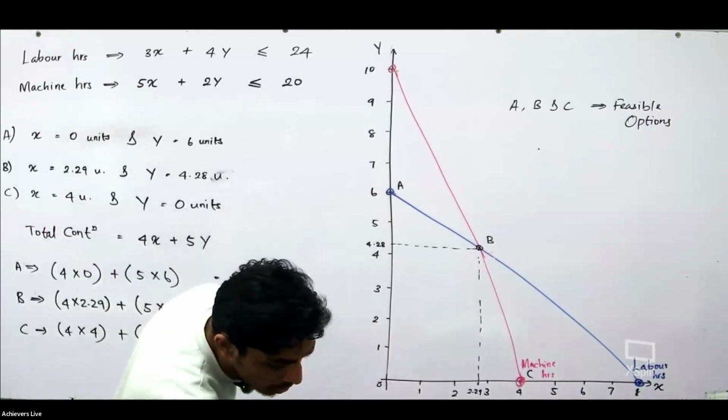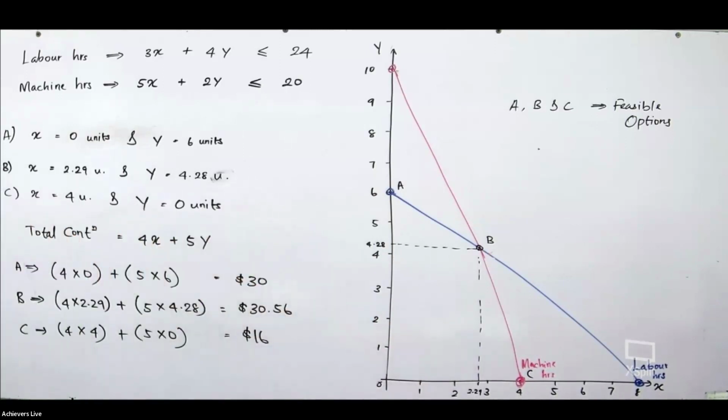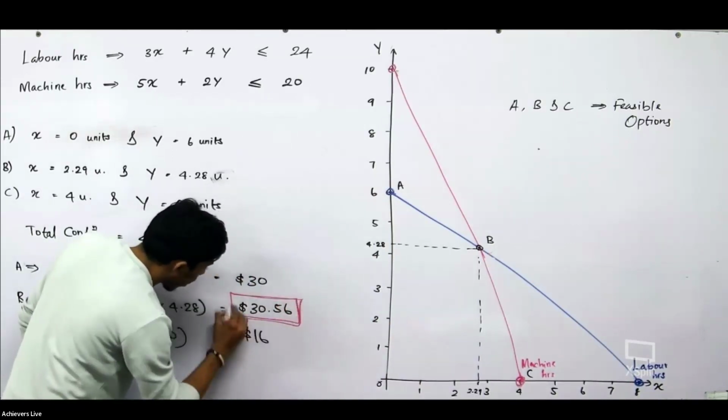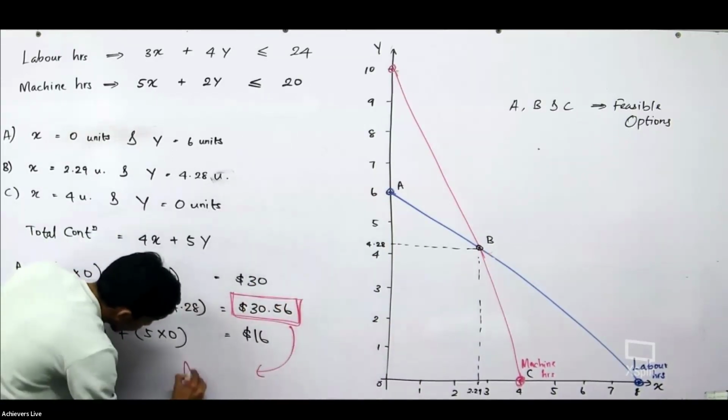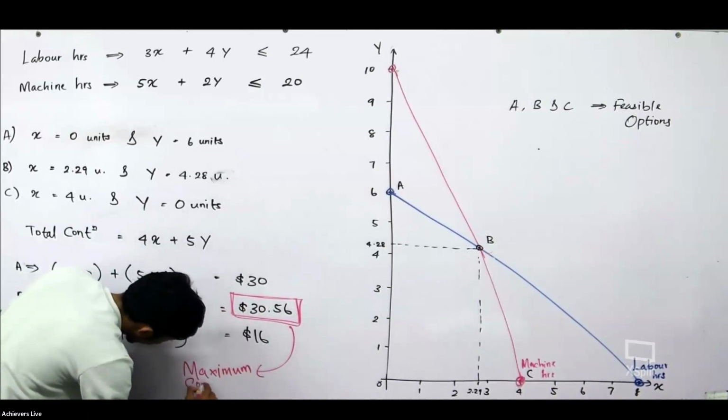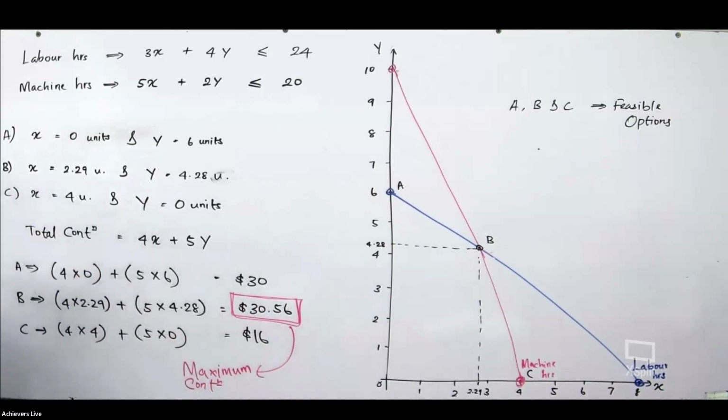So which option gives you the maximum contribution? Option B. So this is your maximum contribution. So what is your optimum production plan?